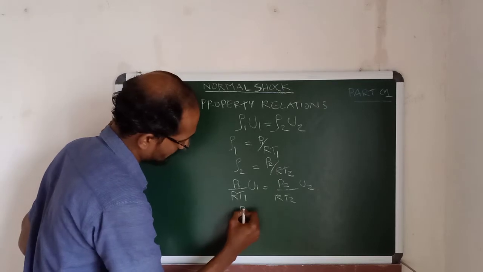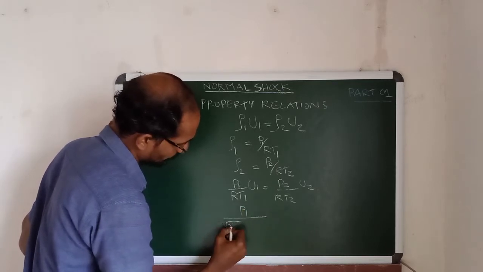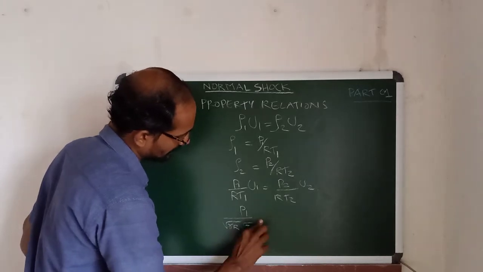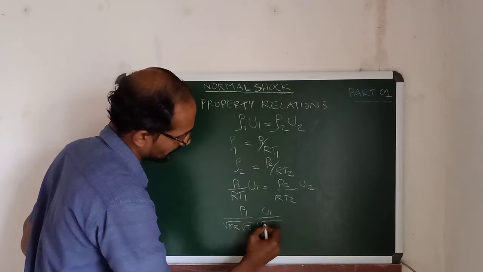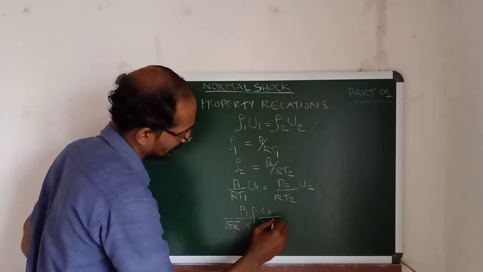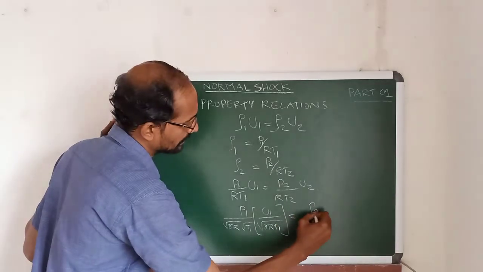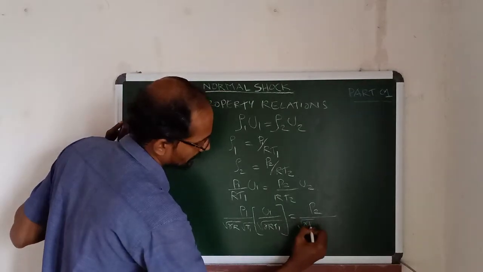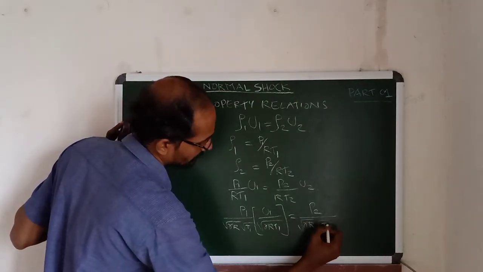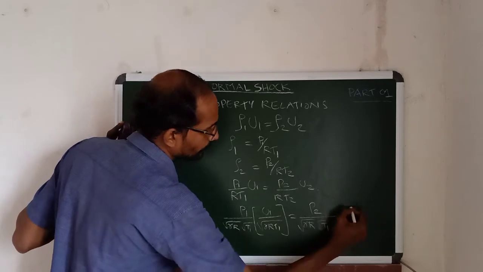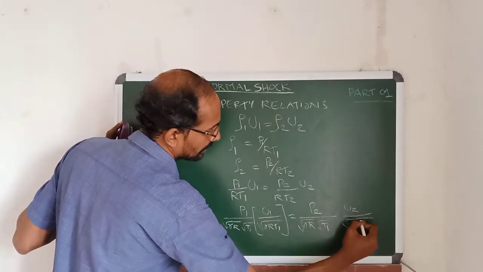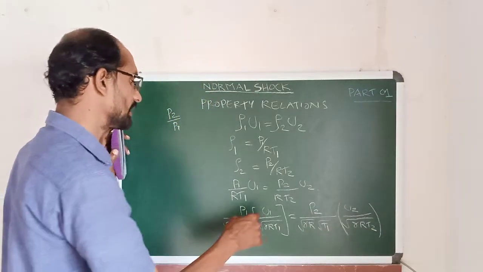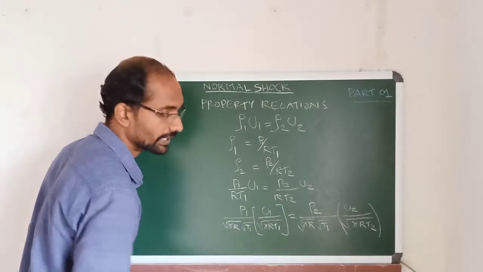Now let me manipulate this equation as follows. That is P1 by root gamma R into root T1, into u1 divided by root gamma R T1, equal to, similar manipulation can be done here, P2 by root gamma R into root T2, into u2 divided by root gamma R T2. Now, can you recognize the quantity within the bracket on both sides?